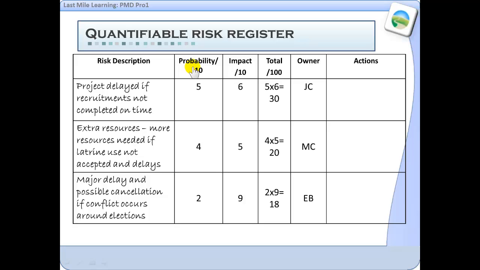Then there are 2 variables that are often looked at to analyze risk. One is probability. What's the probability or likelihood that these risks will actually happen or come to life as the project is implemented? Many of them may not.